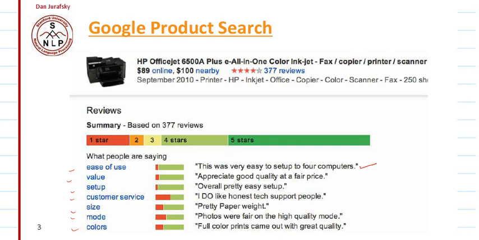You can see that the setup aspect has a very low negative rating and a very large amount of positive rating. But in the case of customer service, this has a very high amount of low or negative rating.